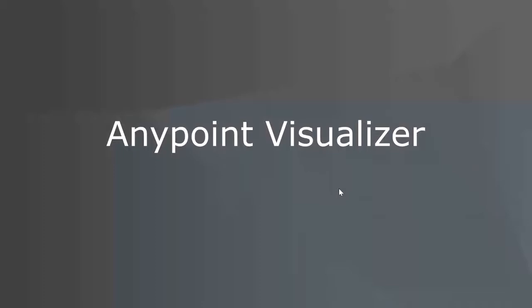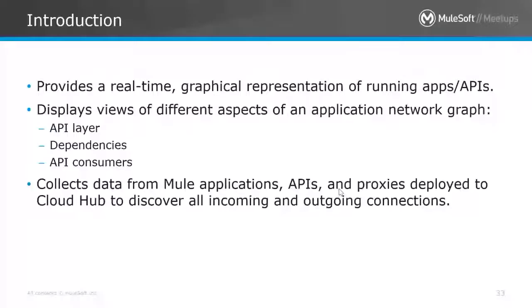In that representation, you can see your different layers of APIs, like system, process, and experience layers, your common services, your consumers, and your external networks, which are the target or source systems you are calling, and API consumers, which are the client apps consuming your MuleSoft applications and APIs.